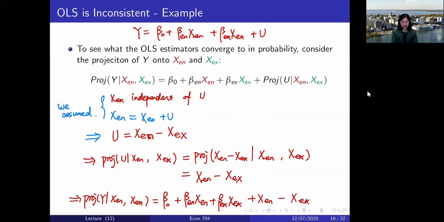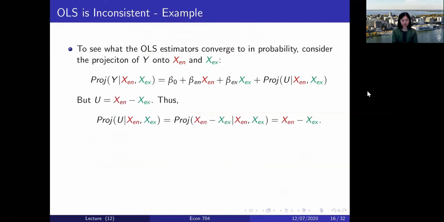So if you collect terms, you find in the projection equation, XEN has coefficient beta EN plus 1, and XEX has coefficient beta EX minus 1. So the projection coefficients, which are the probability limit of the OLS estimators, are not equal to the causal effects we are interested in for both of the variables.